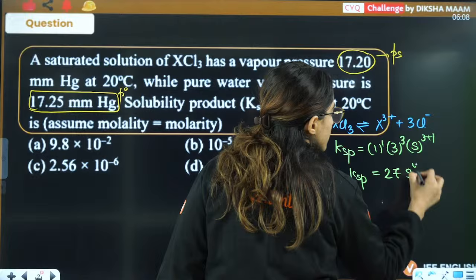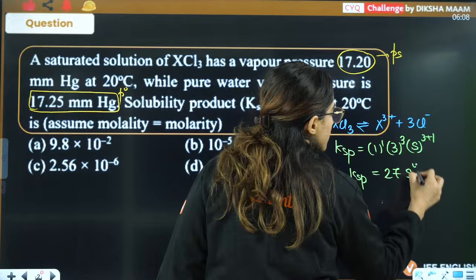Now, in this case it is a saturated solution, and they are saying molality is equal to molarity. So we are now clear which colligative property to use here. At first instance it might feel like a question of ionic equilibrium, but only this part is from ionic equilibrium; the other part is from the solution chapter.